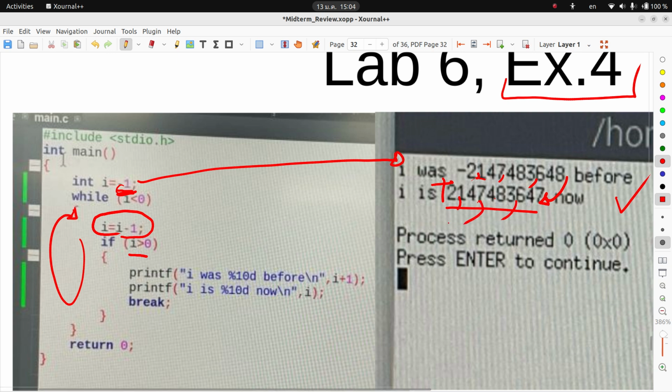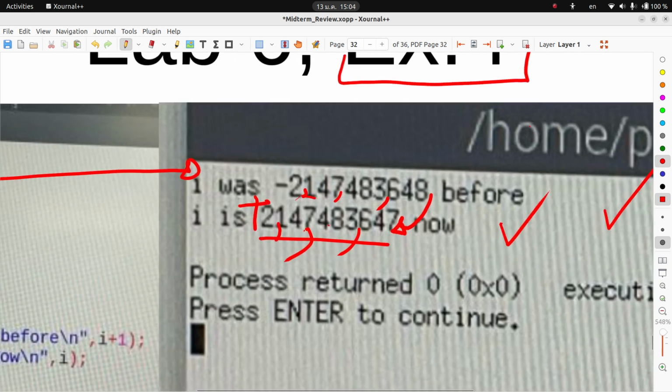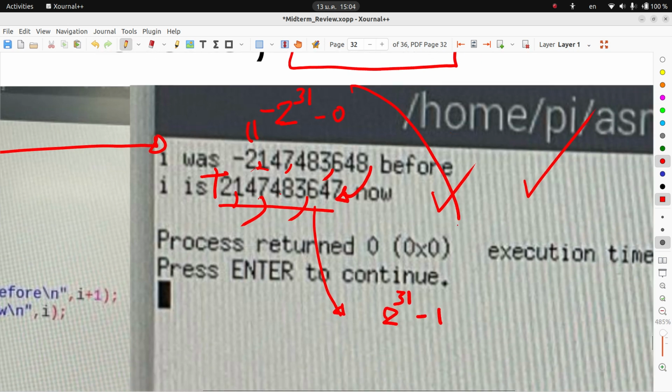And this number corresponds to 2 to the power of 31 subtract 1. This number corresponds to minus 2 to the power of 31 alone. Okay?